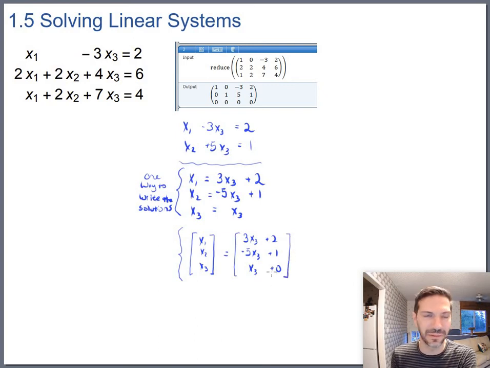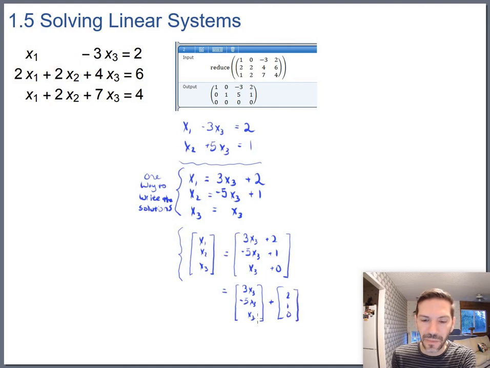Of course, that's not very interesting. We didn't really do much. It's a little more interesting, though, when we break this apart and say I could look at this as the sum of two vectors over here. 3x3, negative 5x3, and x3, plus 2, 1, 0. And you can actually go a little bit further with this first vector and just factor the x3 out of it.